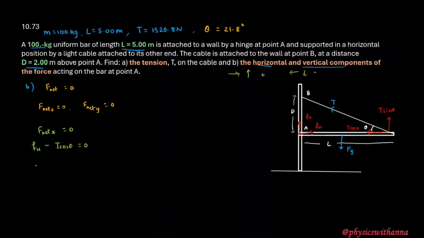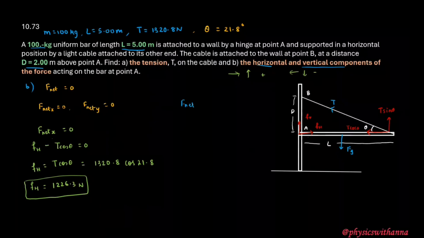So let's rearrange the terms. I get FH equal to T cosine theta. Tension T we found in the previous part as 1320.8, cosine of the angle 21.8. That gives me the horizontal force to be equal to 1226.3 Newton.